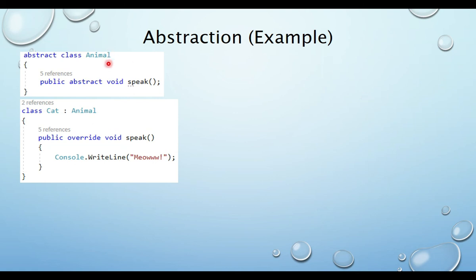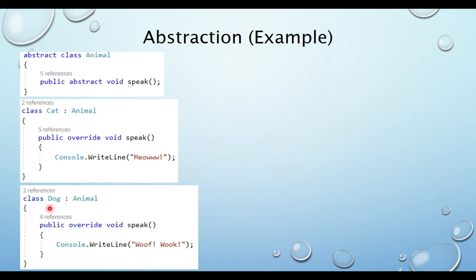An abstract class cannot be created using the new keyword. Instead, it can only be used in inheritance, such as this one. We have a Cat class and we inherited the Animal class. Another example, we have a Dog class and it inherits from the abstract class, which is the Animal.